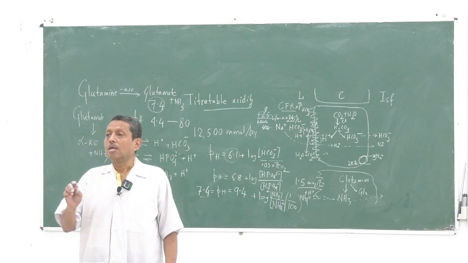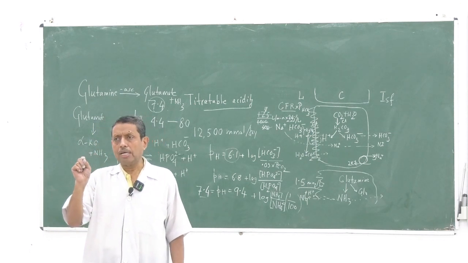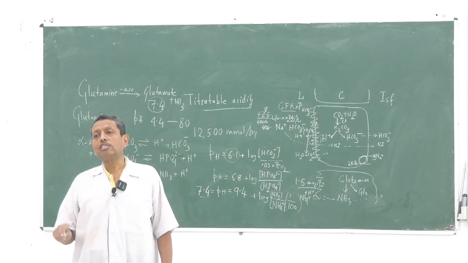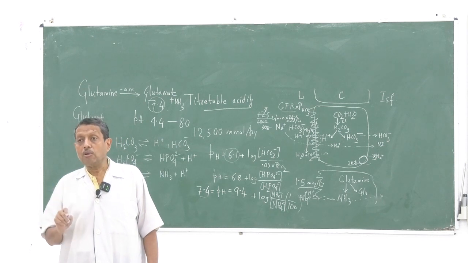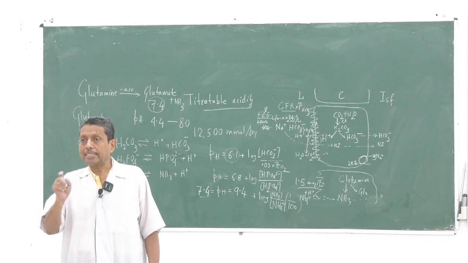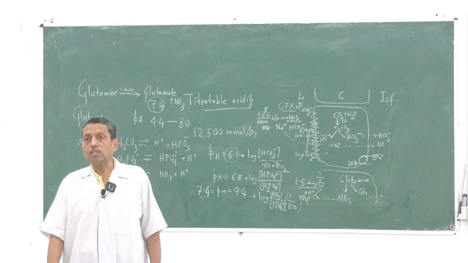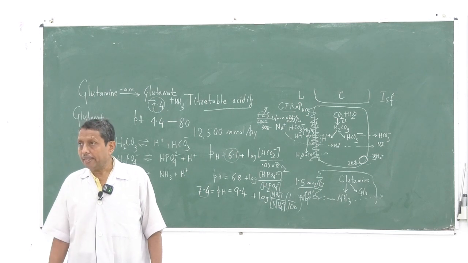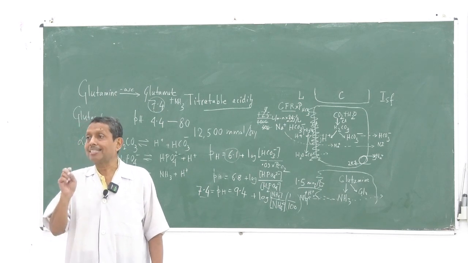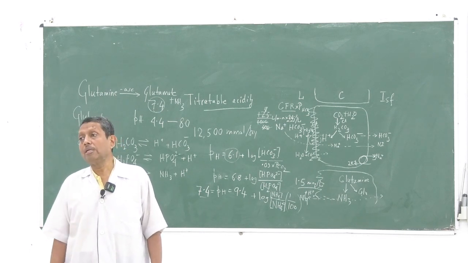Glutamine and glutaminase enzyme, probably it is a mitochondrial enzyme, whatever it may be, it gives rise to glutamate and ammonia. And ammonia has a tendency to combine with free hydrogen ion, and ammonium ion cannot traverse the cell membrane. But ammonia as such is lipid soluble, it can easily traverse the biological membrane.